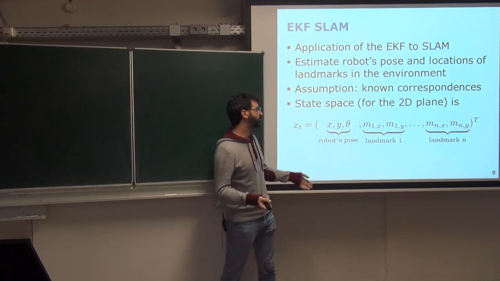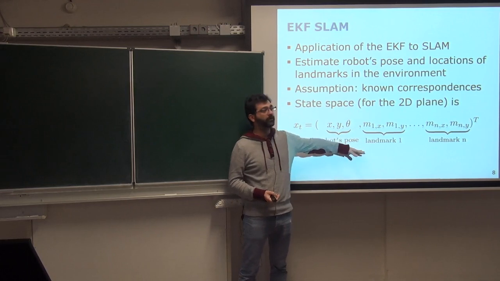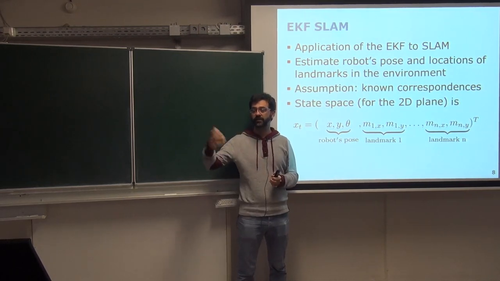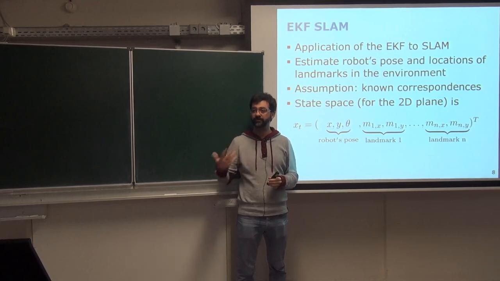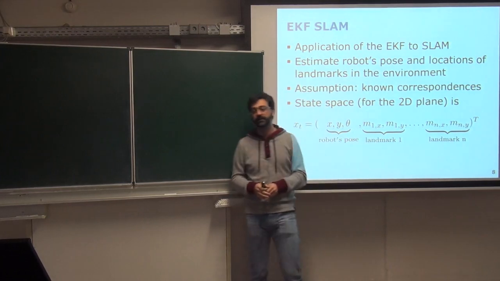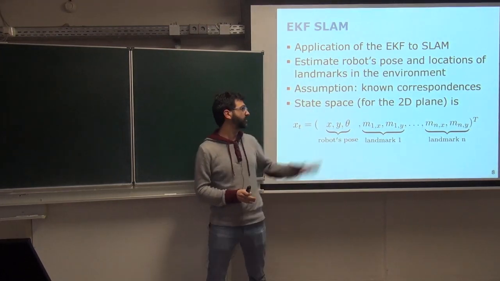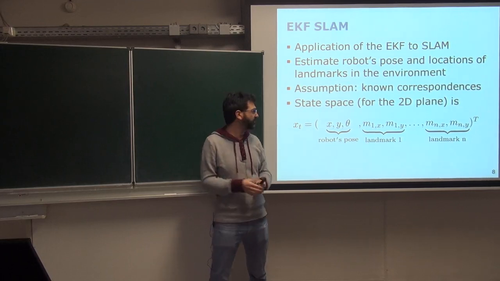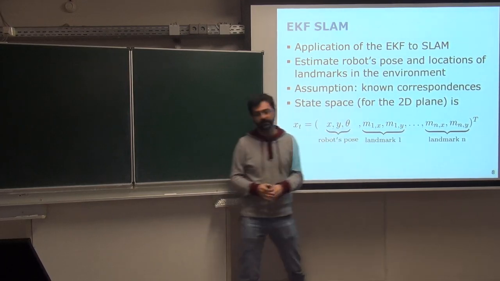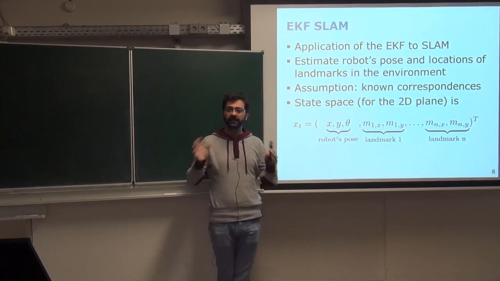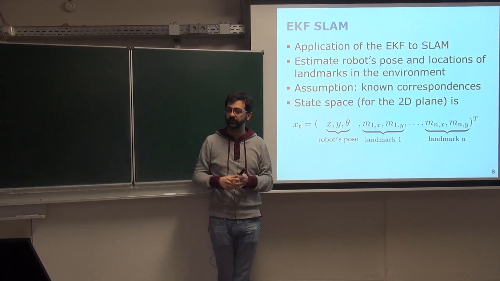In principle, it's the same approach. You just need to then define how this appearance can change over time and how this appearance can be observed from the sensor. For simplicity here, we just omit that, and you can look at the book. There is one additional element in Probabilistic Robotics, which is the signature. I think it's a 1D variable, but in principle, you can generalize to whatever you want.